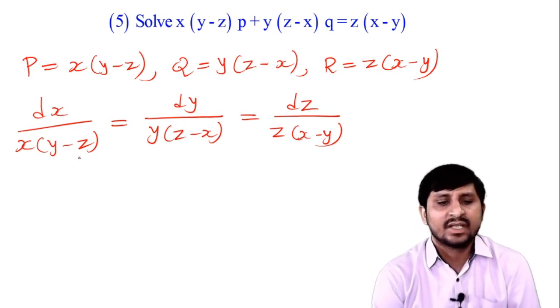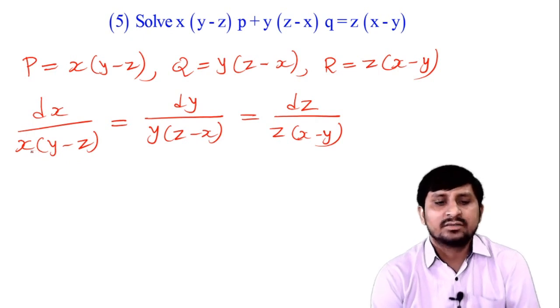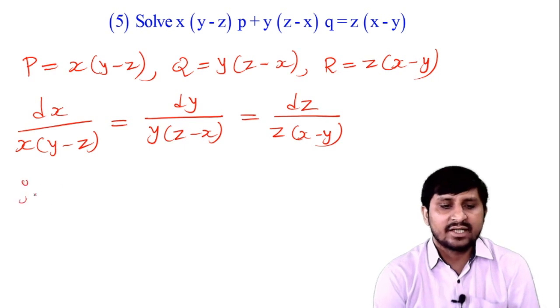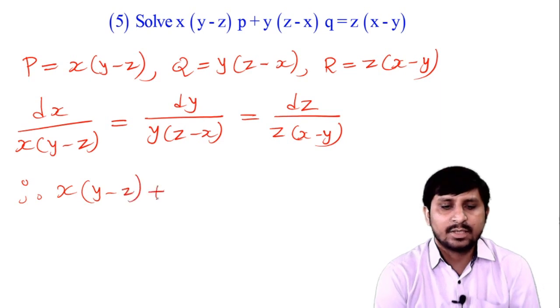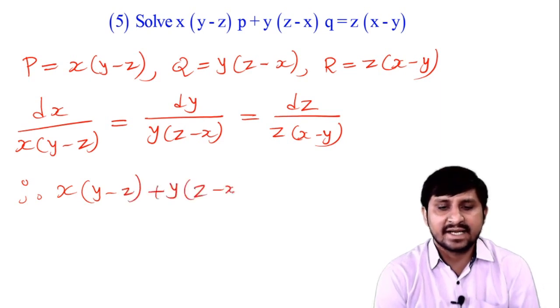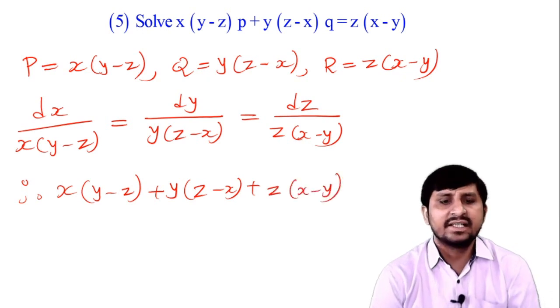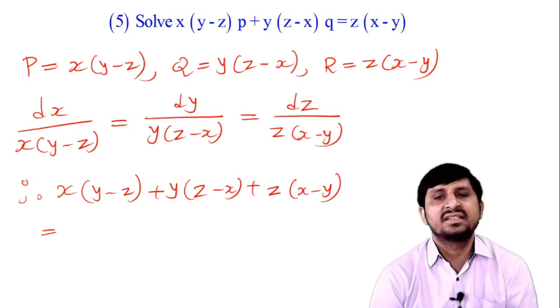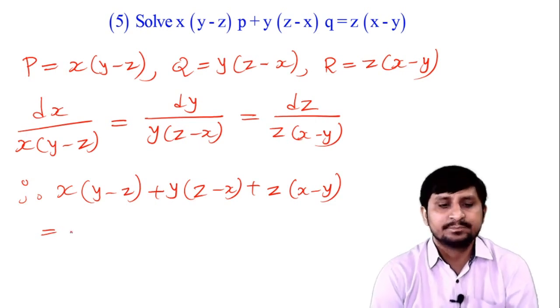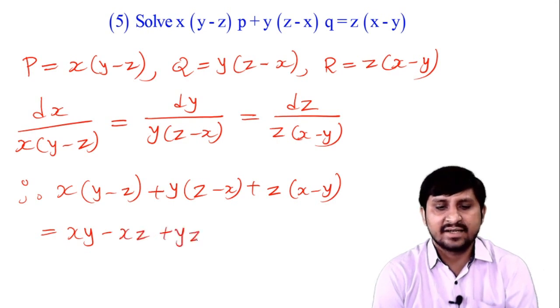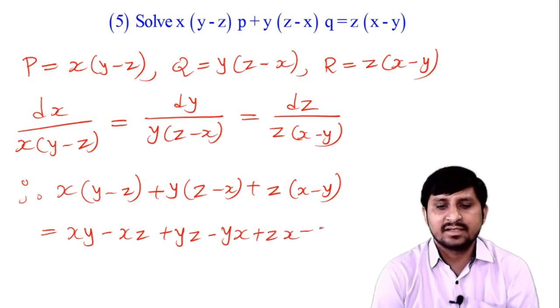Now you can see that in this example, the addition of the denominators, that is x into y minus z plus y into z minus x plus z into x minus y, is clearly 0. Because we have xy minus xz, yz minus yx, and zx minus zy.